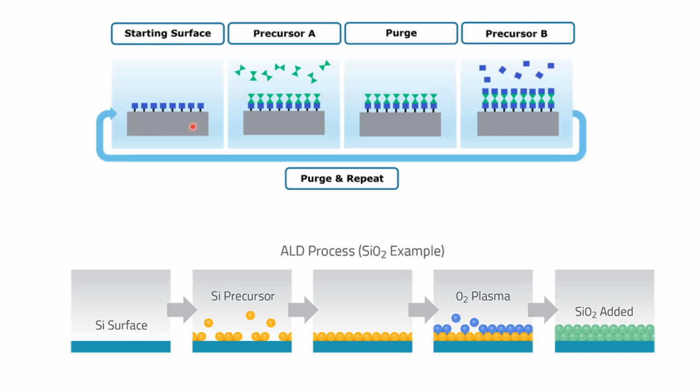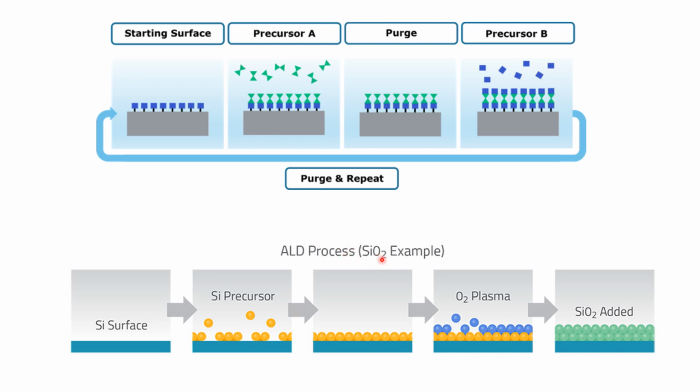Suppose this is a substrate, and precursor A is a gas inside this chamber, and the atoms will be deposited on this, and again there will be some inert or purging gas. So precursor A is deposited here, then precursor B sits on layer A, and then we have layers A and B, and we can get the desired composition for the final film, and this process is repeated until we get enough thickness.